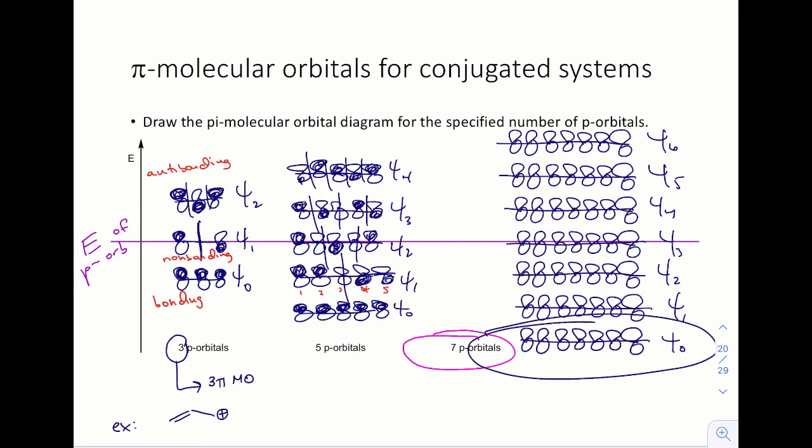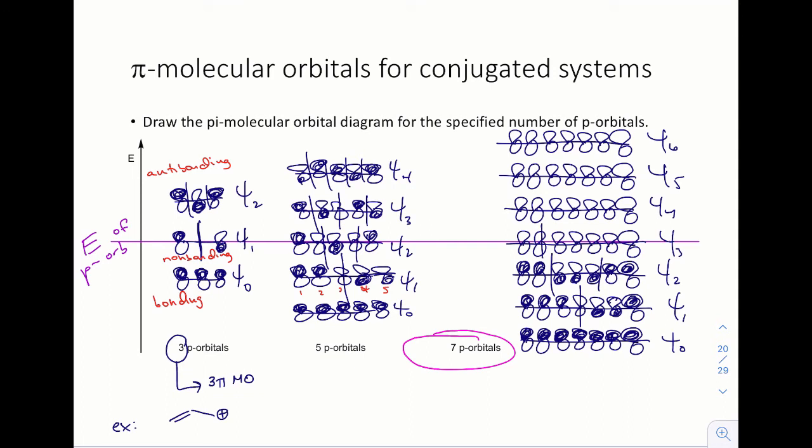The lowest energy orbital, psi0, results from all 7 p orbitals combining in phase. Psi1 has a node on the central atom, atom 3, changing phase across that atom. Psi2 has 2 nodes in between atoms 2 and 3 and 5 and 6.